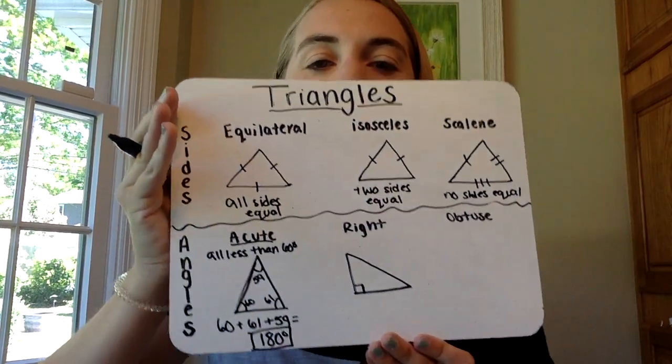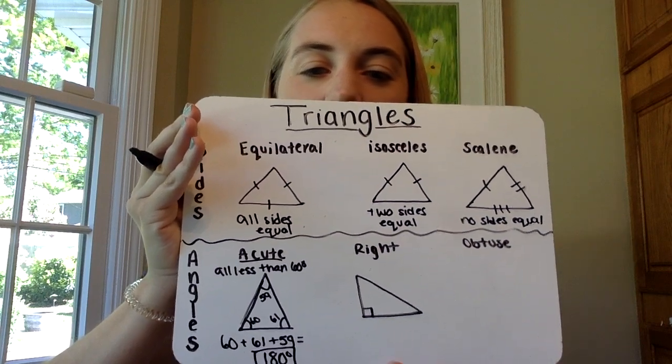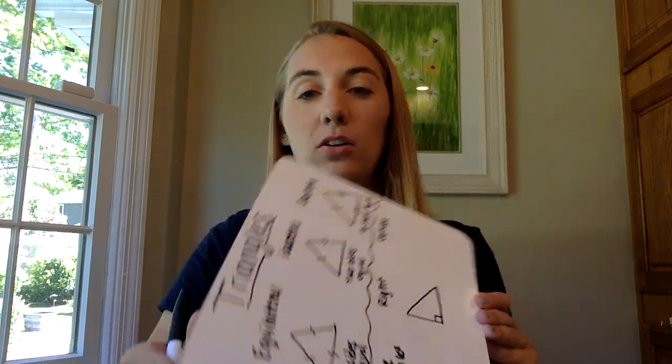A right triangle is going to be important when we go into the Pythagorean theorem. Remember from the square and rectangle, that box tells us that it is a right angle. So a right triangle means it has a right angle in it.